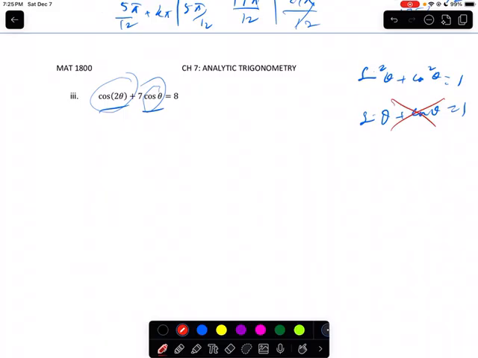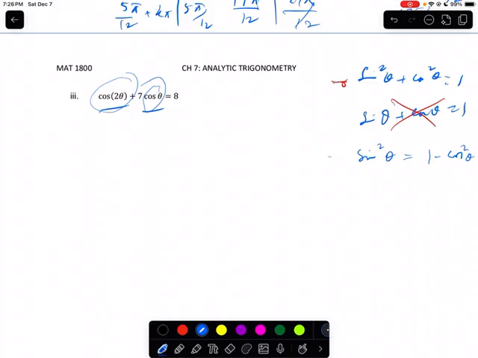Also, we see from the first identity here, remember, the Pythagorean identity, that sine squared theta is equal to 1 minus cosine squared theta. We do not have sine of theta equal to 1 minus cosine theta.